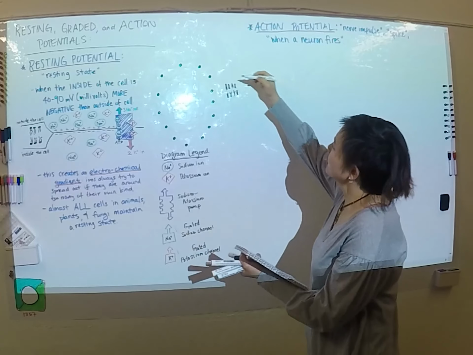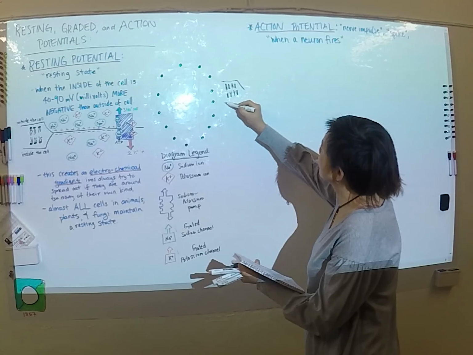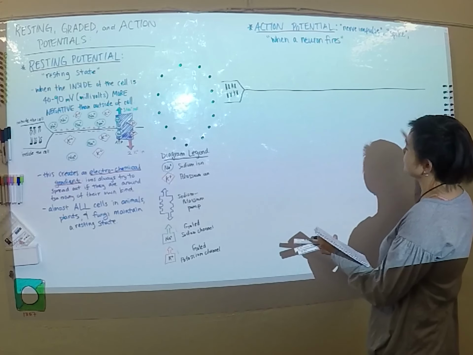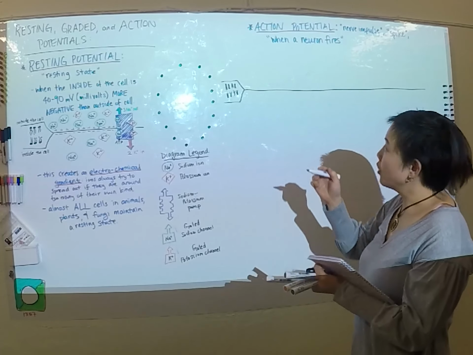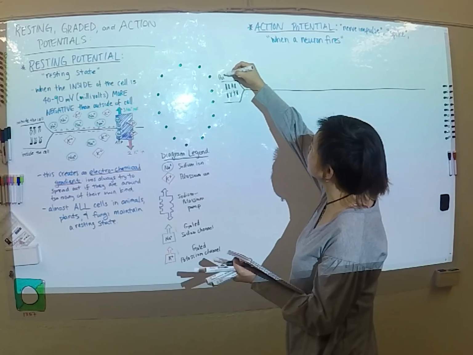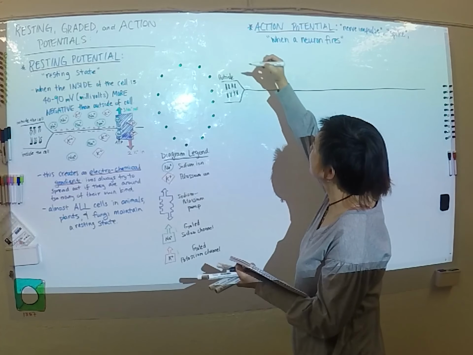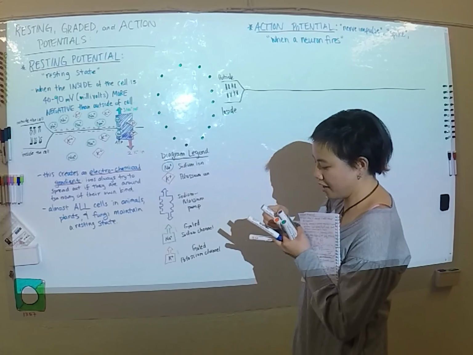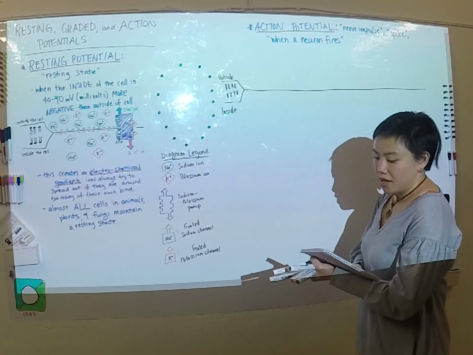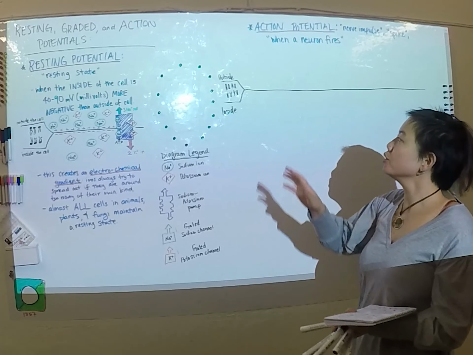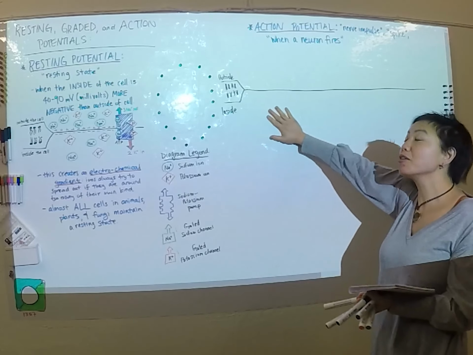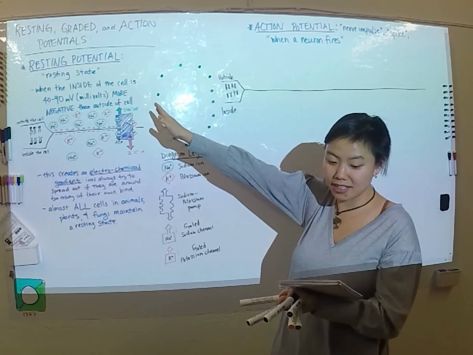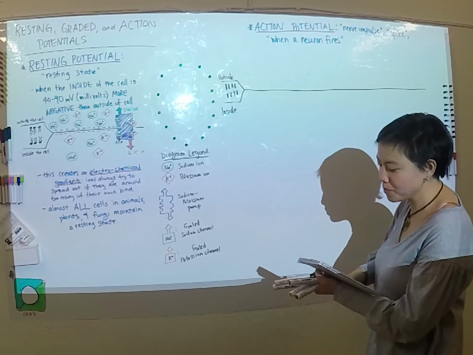Once again, this is the outside, and this is the inside, okay? And we're going to diagram the entire process of an action potential starting at the resting potential, okay?